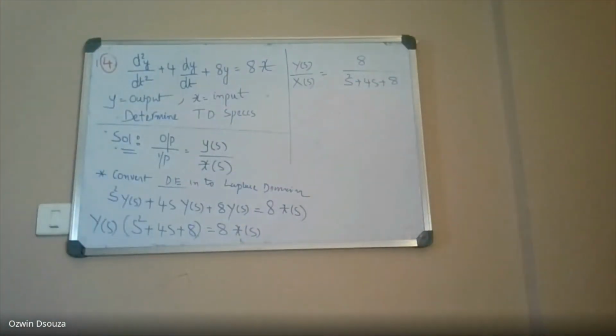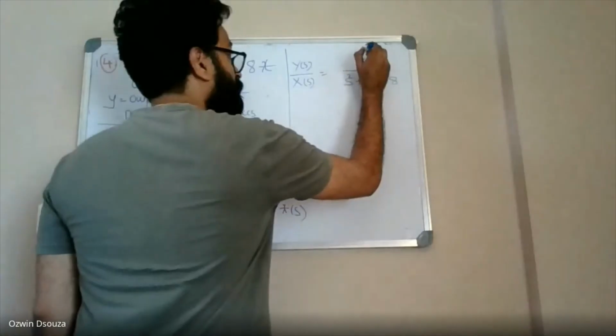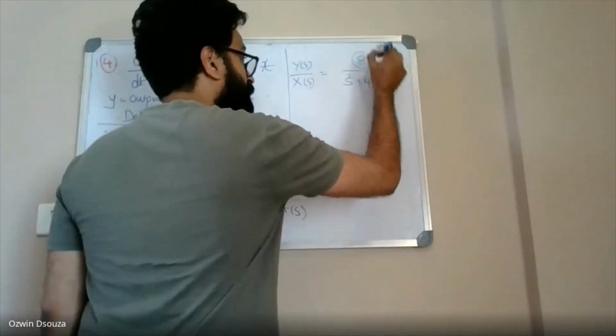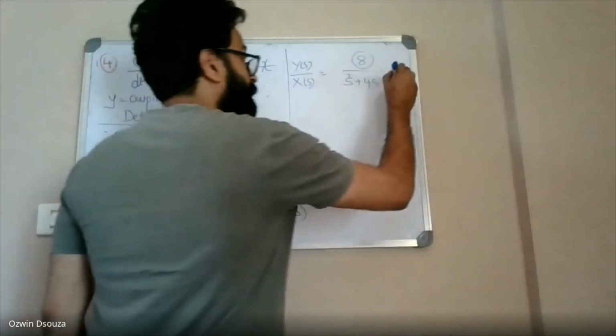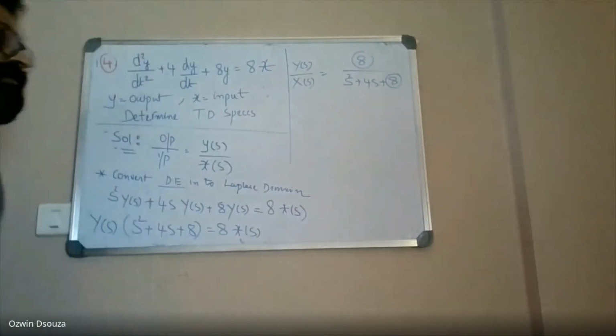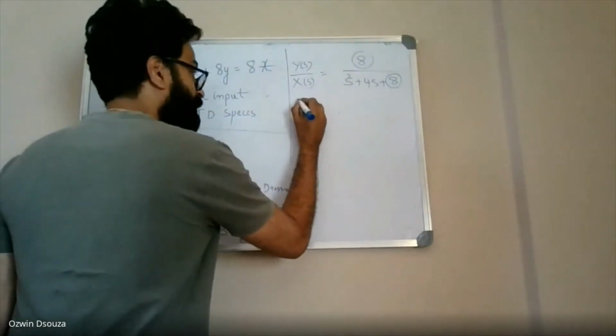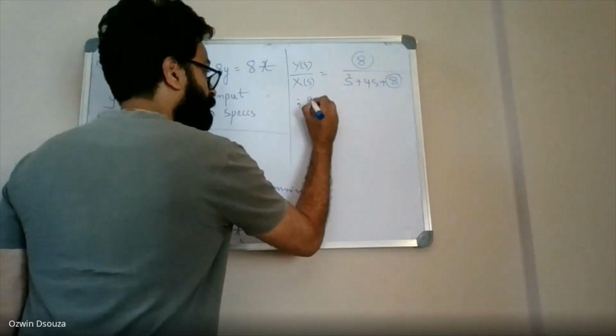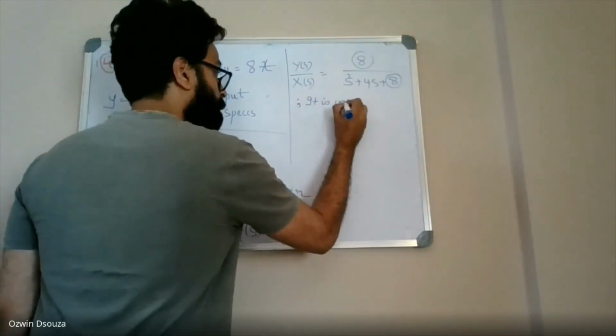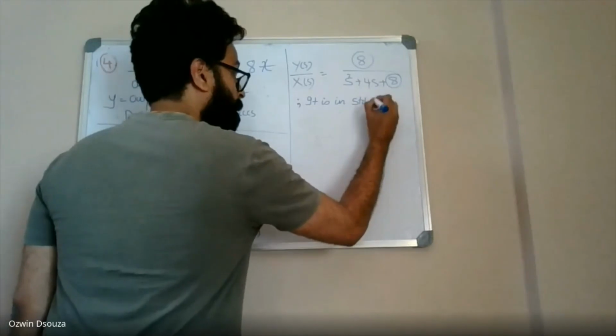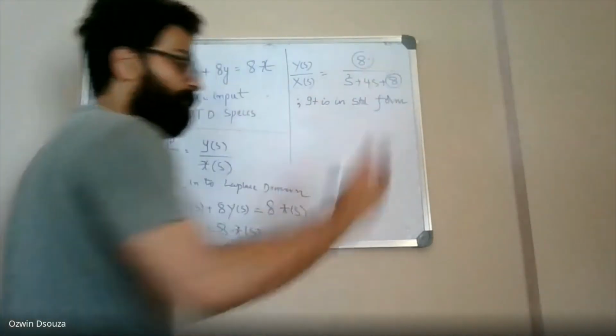So that's your given transfer function. You can see omega n square is present in the numerator as well as in the denominator. So as a comment you can write it is in standard form.